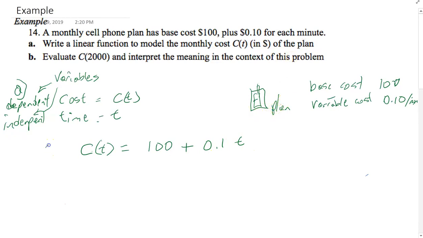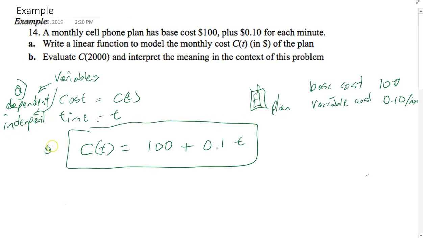So we have done part A. That is our result. Let's look back at what it says. The base plan is 100. It has a flexible cost of 0.1 per minute. Our minutes are our time variable t, and C of t is our cost.